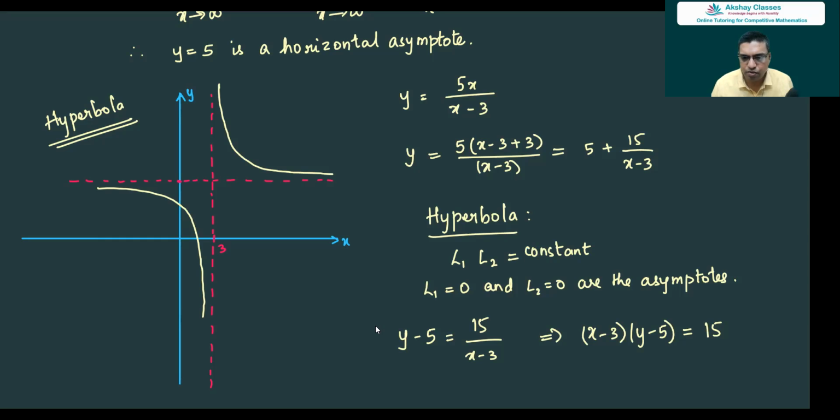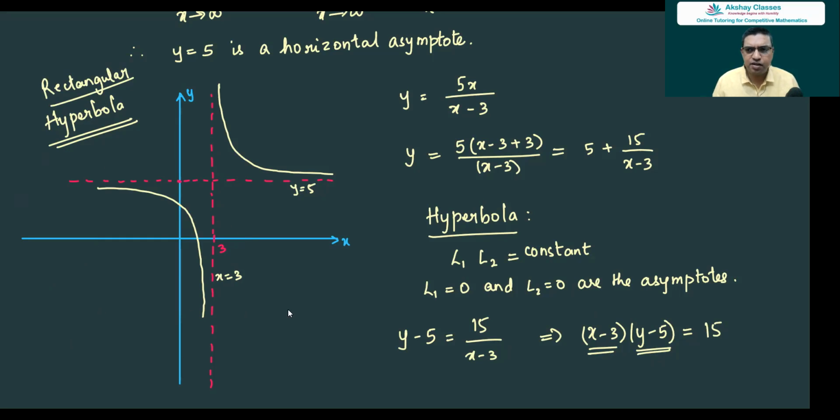Okay, so this is now in the form of L1 into L2 is equal to constant. So the asymptotes will be x equal to 3 and y equal to 5. So this is y equal to 5, this line, and this is x equal to 3. These are the asymptotes. And because the lines are perpendicular, this is a rectangular hyperbola.